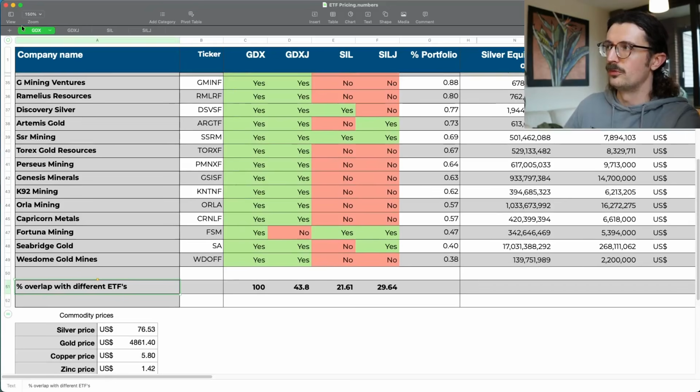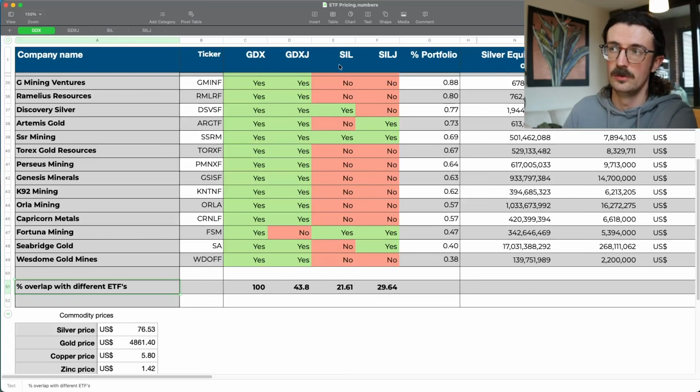So of course, we are looking at the tab of the GDX right now, and 100% of the companies is in the GDX because that's the ETF that we're looking at right now. But 43.8% of these companies are also in the GDXJ. For the people who are interested, this is market cap and percentage of portfolio weighted. So 43% of this portfolio, the GDX, is also in the GDXJ.